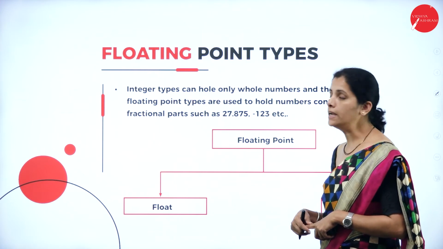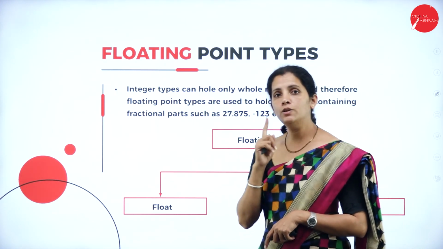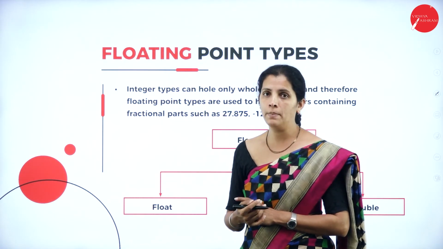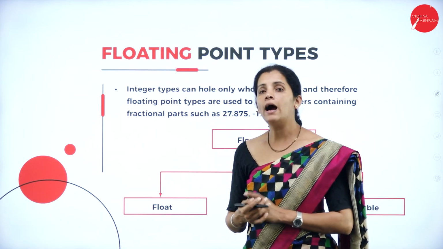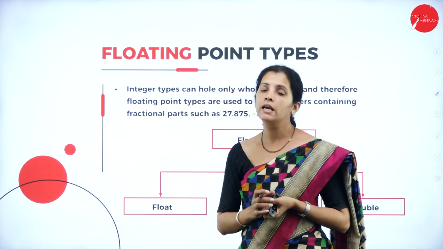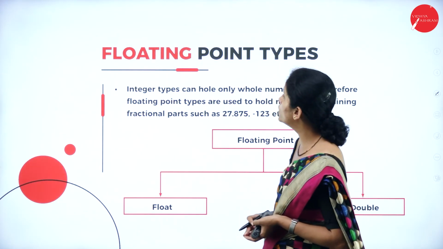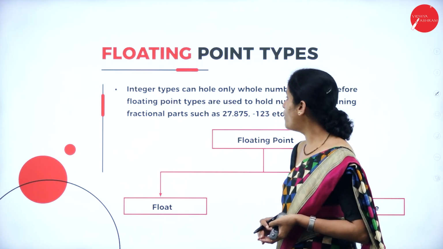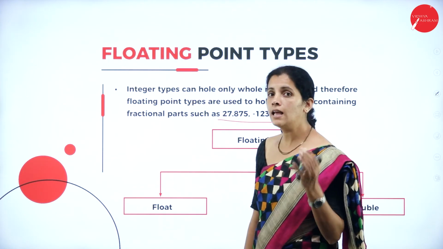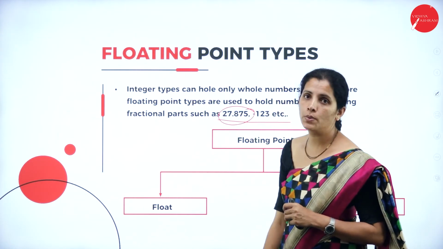So dear student, if I consider integer, it's mainly used to represent whole numbers. But if I have an integral part as well as a fractional part, at that time to represent that kind of number, I'm going to use floating point numbers. Now, what examples can I specify?